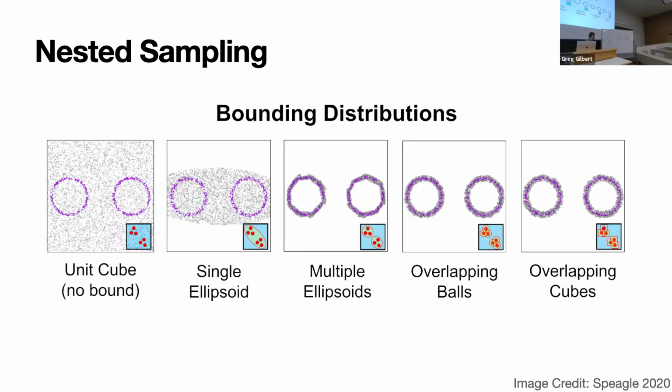So if you were trying to measure from some long curving posterior like this, right? If you shrink your bounding distributions too quickly, you might end up with things like this, and then all of a sudden you get these little paper cuts.